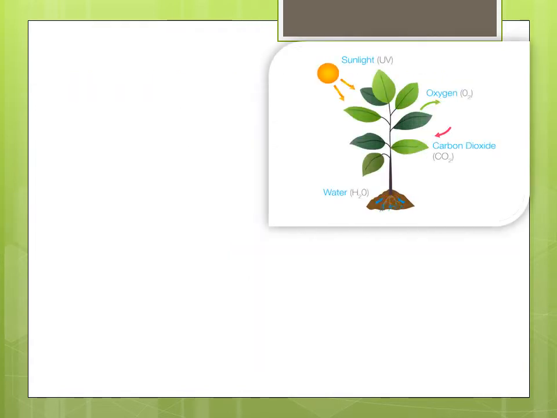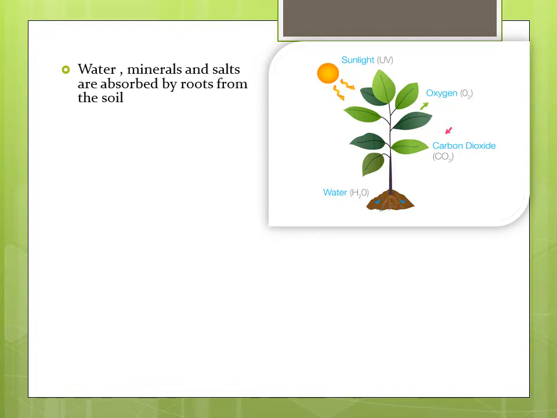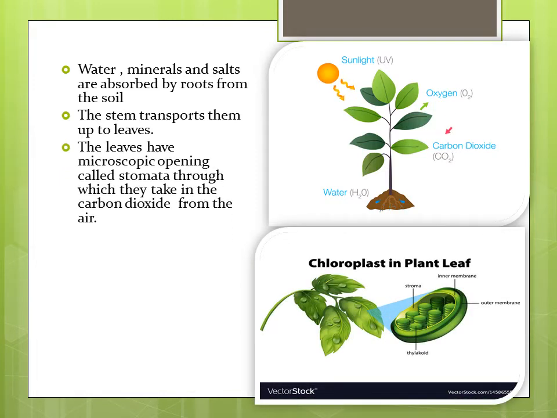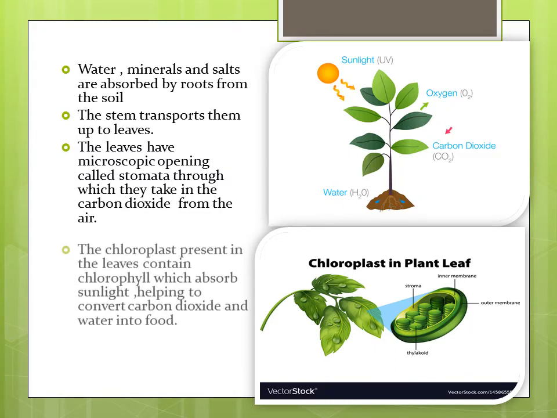Students, in the photosynthesis process, water, minerals and salts are absorbed by roots from the soil. The stem transports them up to the leaves. The leaves have microscopic openings called stomata through which they take in carbon dioxide from the air.